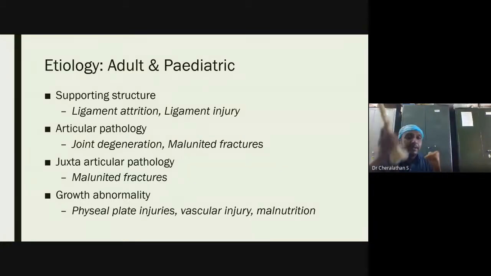Okay, fine. So the primary pathology can be a ligament problem, or it can be an articular pathology. Now, this is the medial side and this is the lateral side. Suppose there is joint degeneration on the medial side, like in osteoarthritis or rheumatoid arthritis. If the medial side bone is lost, what will happen? This part of the femur will sink on the medial aspect like this.